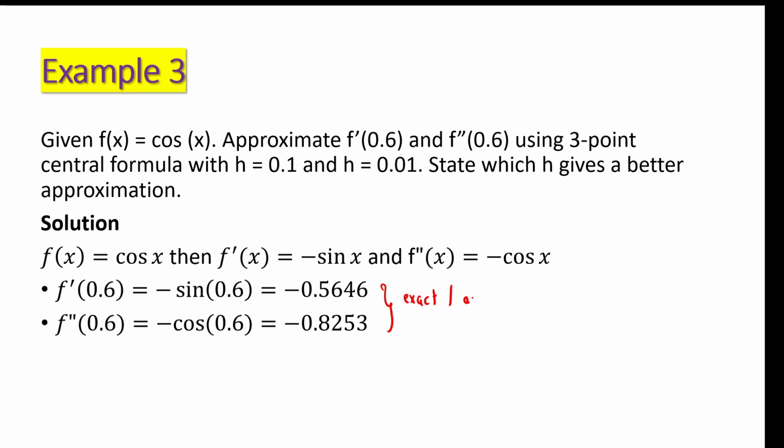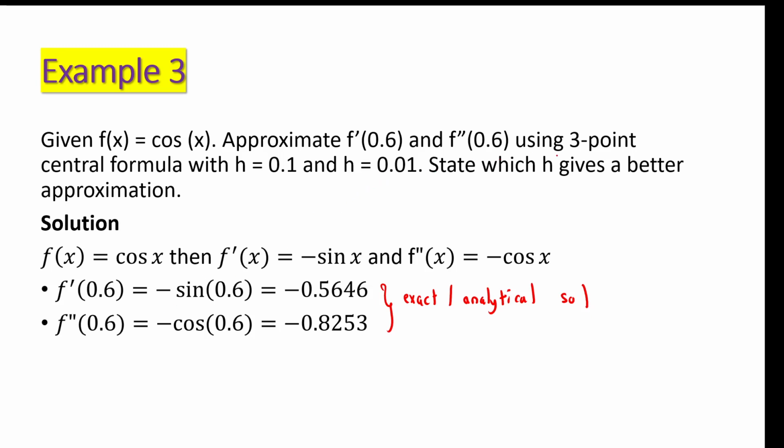Exact, or what we call the analytical solution. Of course, if you have a function, you can differentiate directly, then you no need numerical differentiation. But we purposely want to show whether the small h or bigger h will give a better approximation.